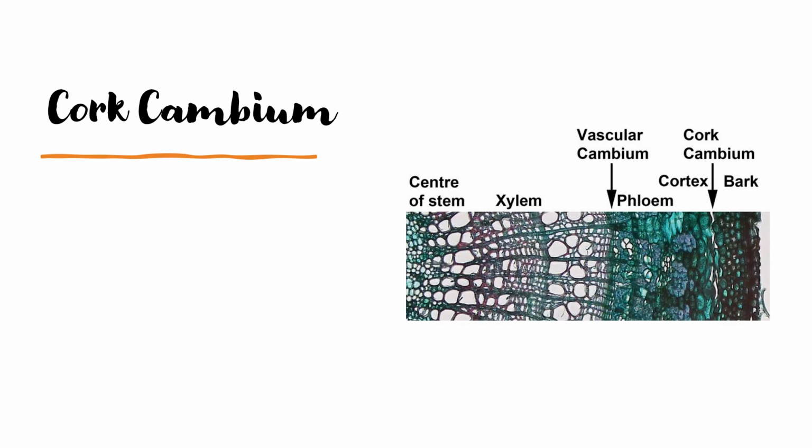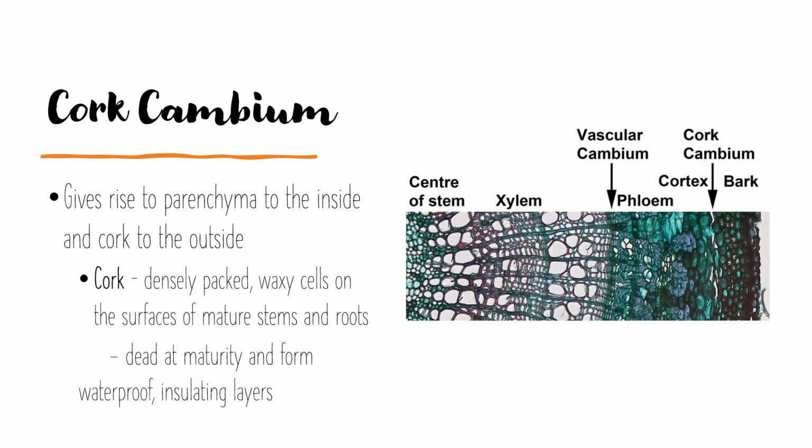Next, we have the cork cambium. The cork cambium is a lateral meristem that gives rise to parenchyma to the inside and cork to the outside. Cork consists of layers of densely packed waxy cells on the surfaces of mature stems and roots. The cells are dead at maturity and form waterproof, insulating layers that protect the plant.